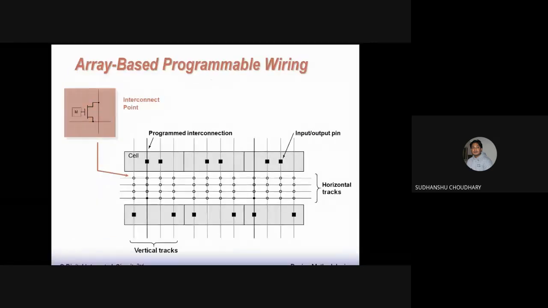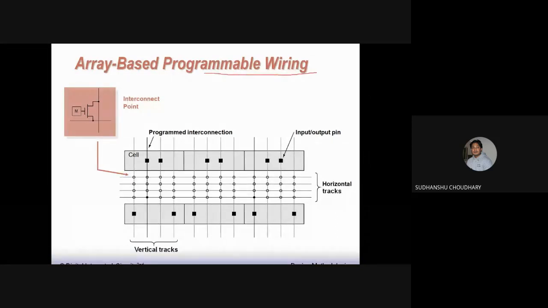Now, the wiring can also be programmed, that is the connections. So for example, here we have the wiring over here. We have horizontal wire tracks present and also vertical wire tracks present.